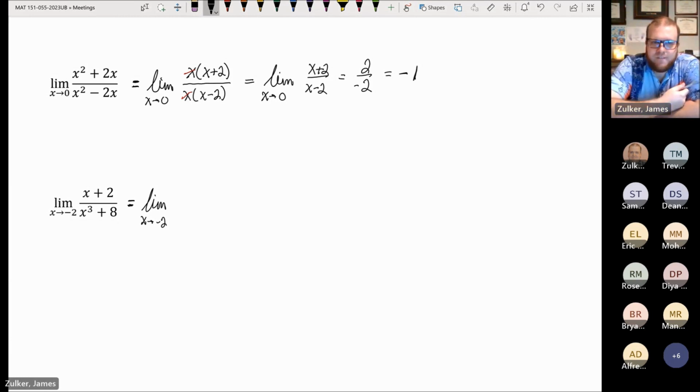Numerator: can leave it alone. Can we factor the denominator?